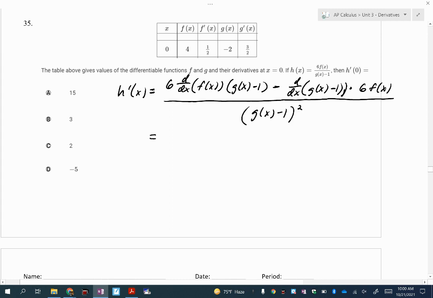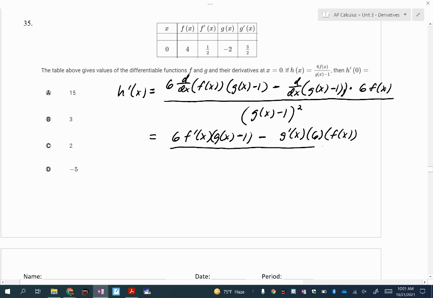Okay, let's do some derivatives here. 6 times the derivative of f of x, which is just f prime of x, times g of x minus 1, minus the derivative of g of x, which is g prime of x, and the derivative of negative 1 is just 0, so that goes away, times 6 times f of x, all over the denominator squared. Okay, so that's h prime of x.